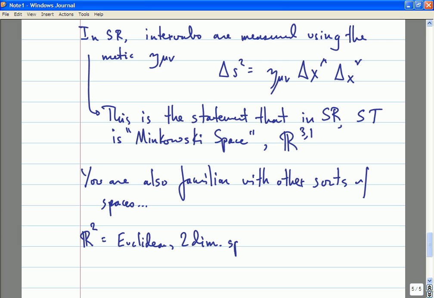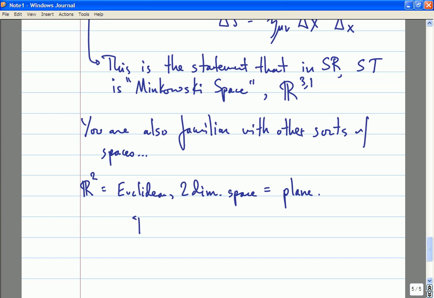So that's just the plane. Why is it called R2? Well, it's called R2 because the distance between 2 points is given by the Pythagorean theorem, which you can see takes a form which is very similar to our expression for the line element in special relativity.